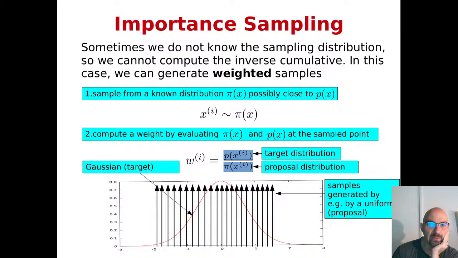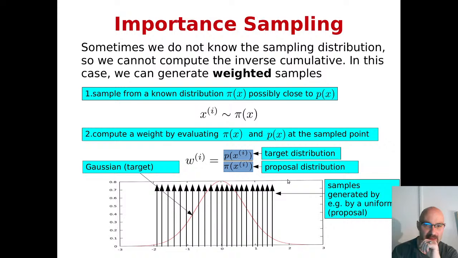Now, assuming that we have as input a known distribution pi of x, from which we can draw samples, and then we know enough of P of x so that we can stretch and fit and massage this pi distribution so that it basically is a little bit similar to P of x. Okay?